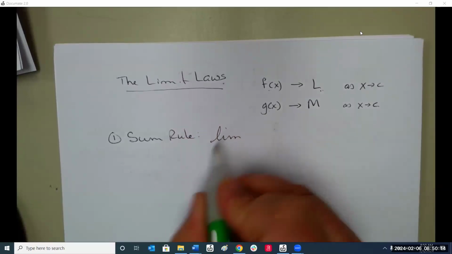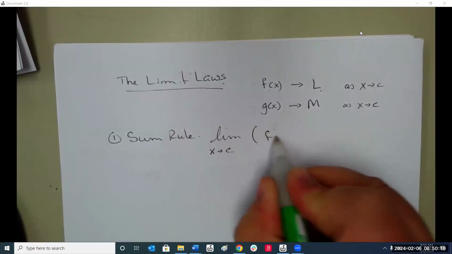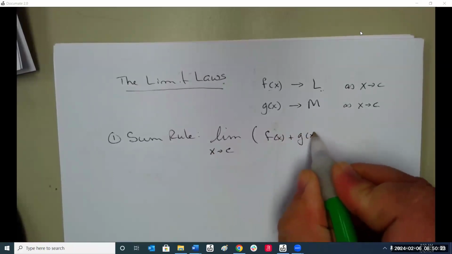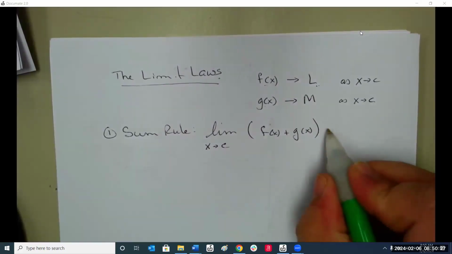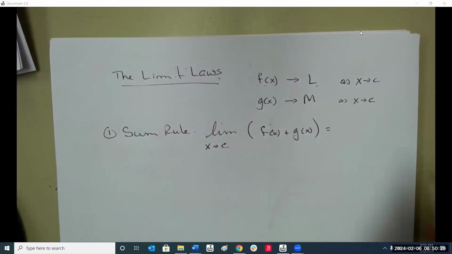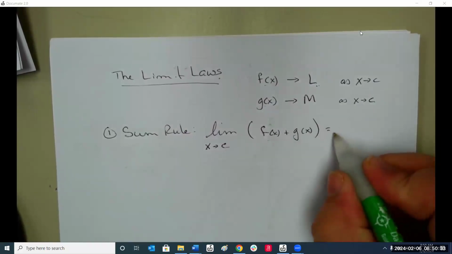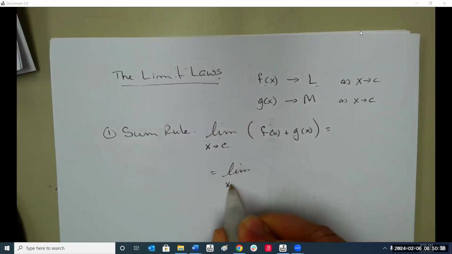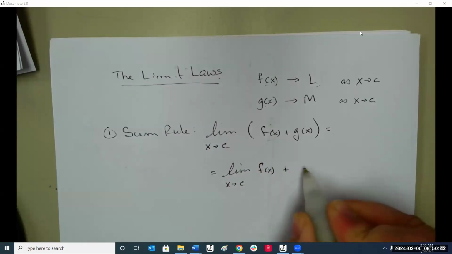If you have the limit as x approaches C of the sum of two functions, then what this says is, because I'm taking the sum of two functions, I can take the limit of both of these functions separately.